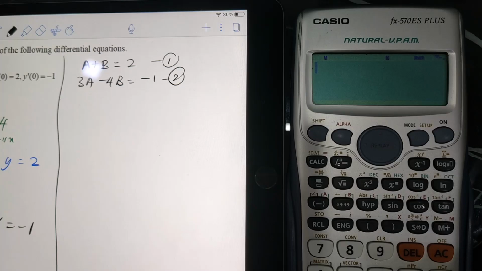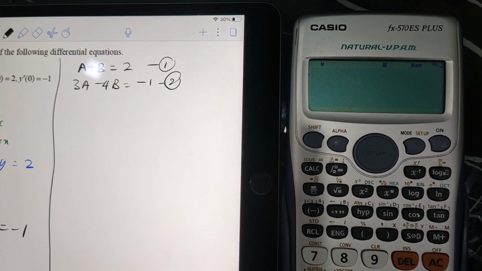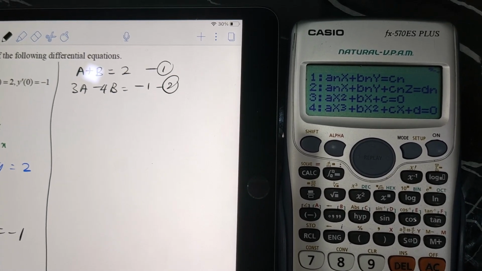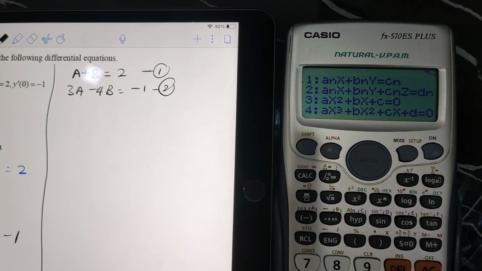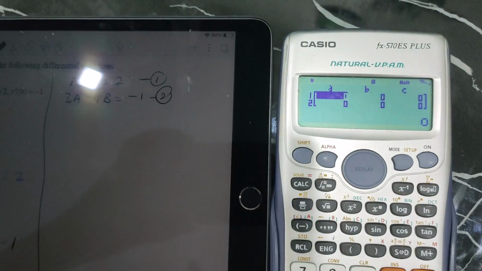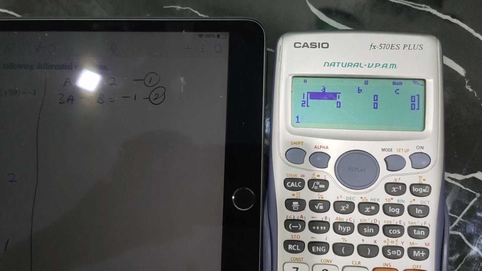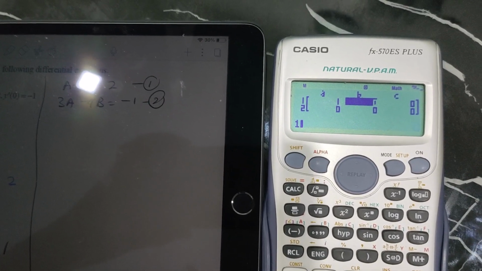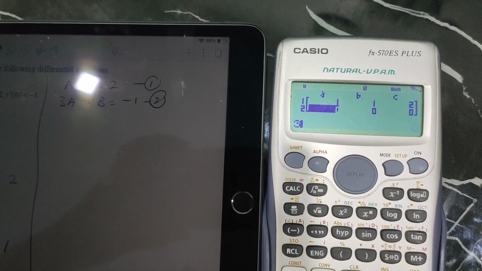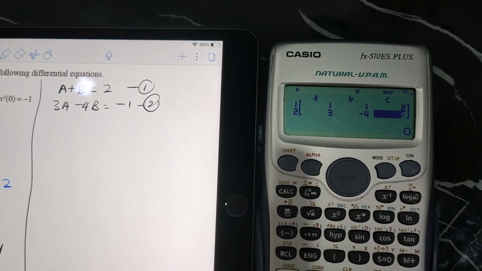You can use the calculator. So now we want to calculate the values of a and b by using the calculator. First thing, find equation, and then choose the right arrangement. In this case, I choose 1. Then you substitute the coefficients: for equation number 1, coefficients 1, 1, 2, and for equation number 2, 3, minus 4, and minus 1.